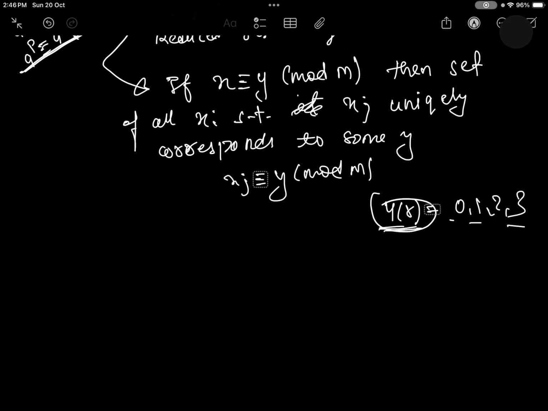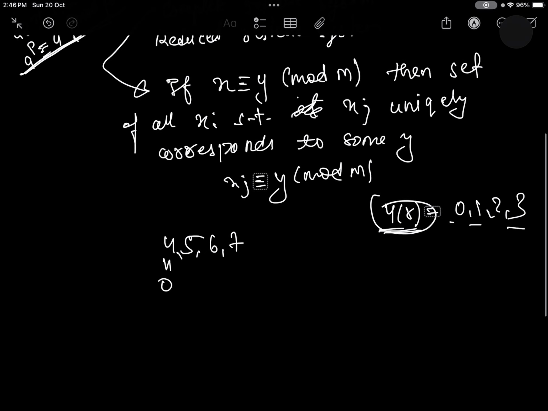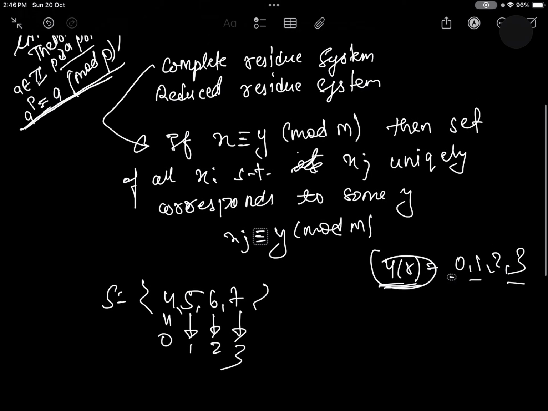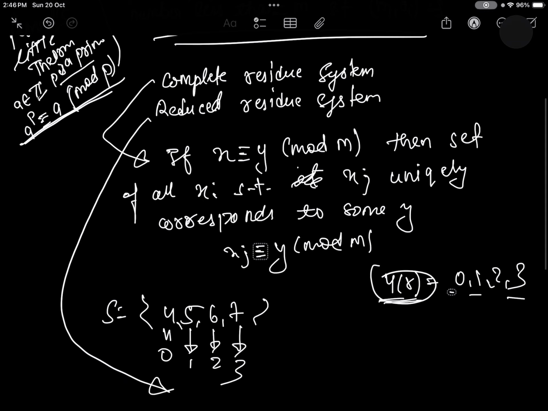So I can write it as 4, 5, 6 and 7. This corresponds to 0, this to 1, this 2 and this 3. So this set is a complete residue system modulo 4, and a reduced residue system is a bit different.